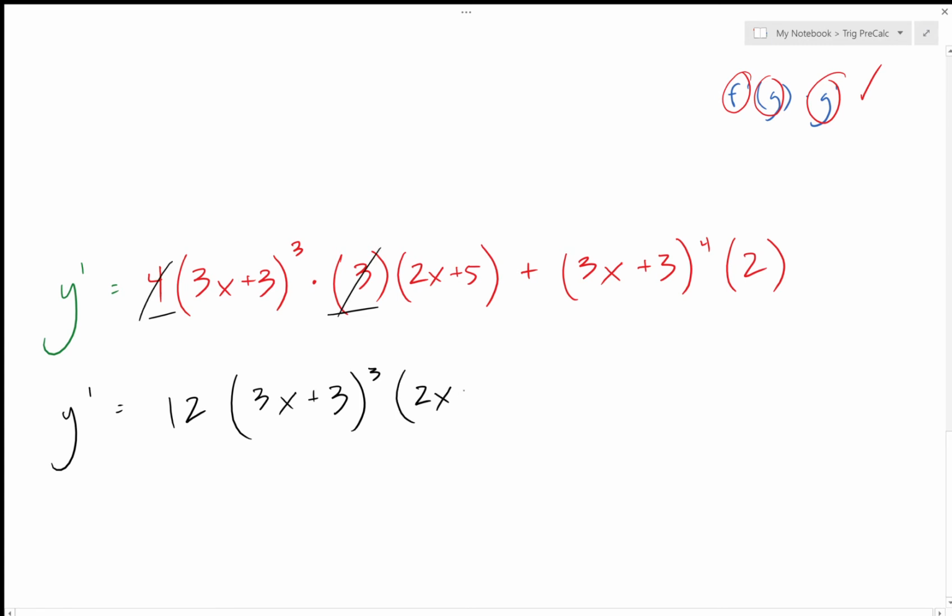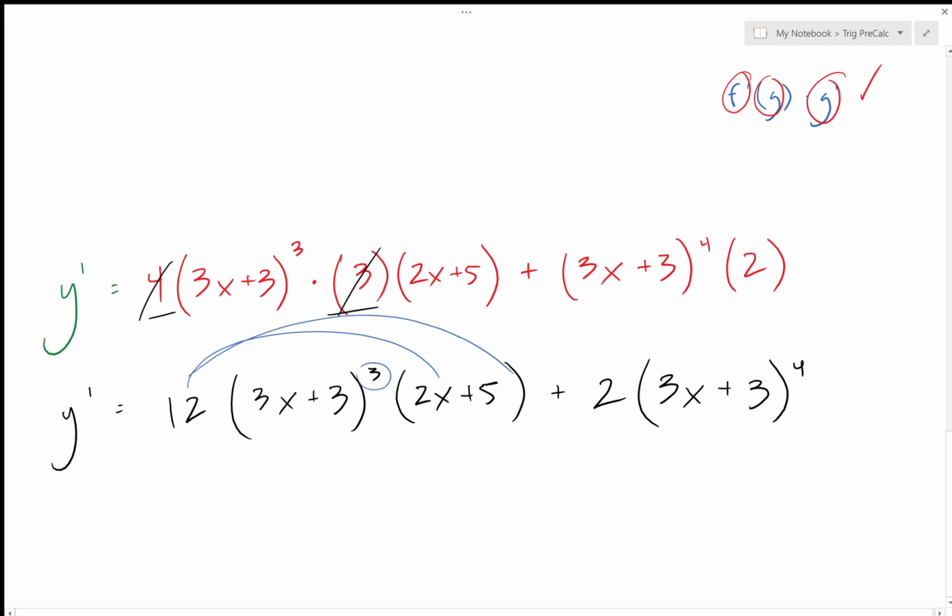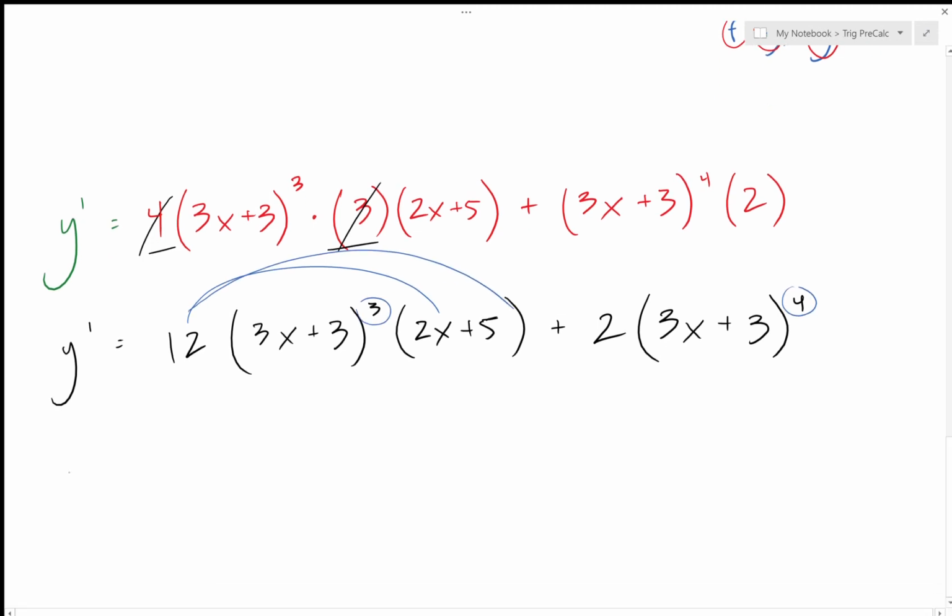Still multiplied by 2x plus 5. So we're not really asking you to multiply all this out, just enough so we're putting some like terms together and just keeping it clean. So that's okay for now. If you really want to, we can do this 12 times these ones, because anything with the exponent, we kind of just want to leave it how it is.